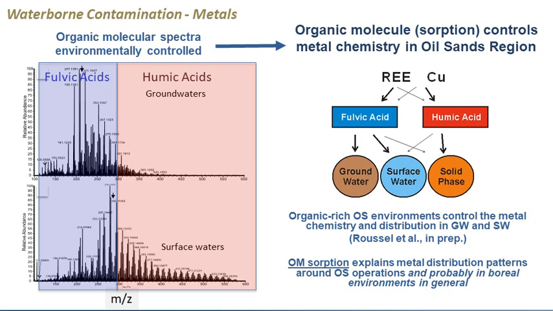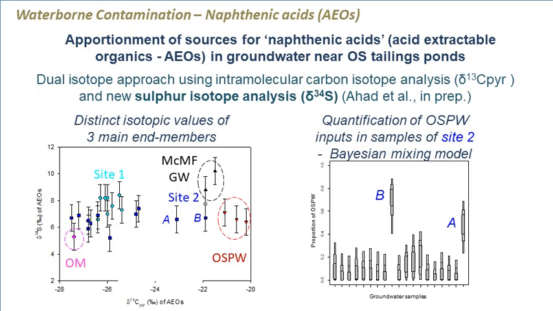If we go now to the next slide, another example of waterborne contamination, but this time naphthenic acids, or acid extractable organics, that Jason has been working on with his colleagues for the last few years. What you can see on the lower left panel is that different sources of AEOs can be characterized by sulfur isotopes and carbon isotopes.